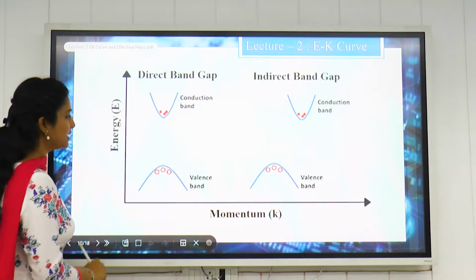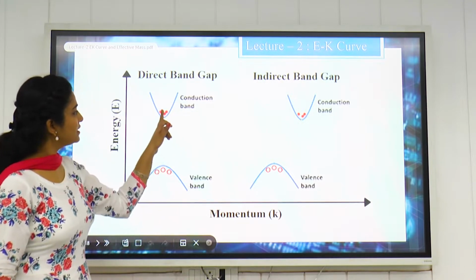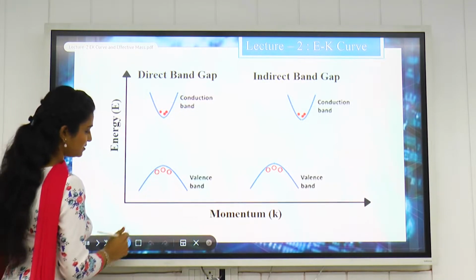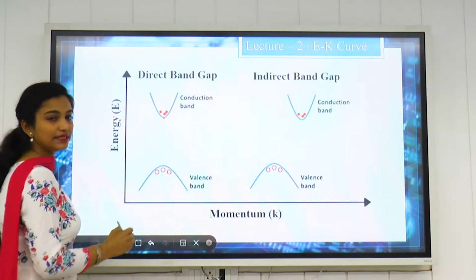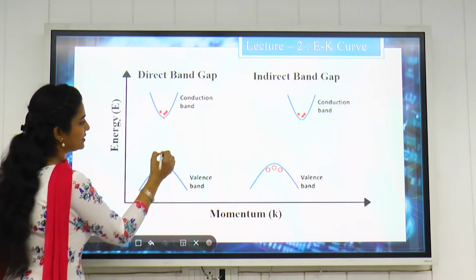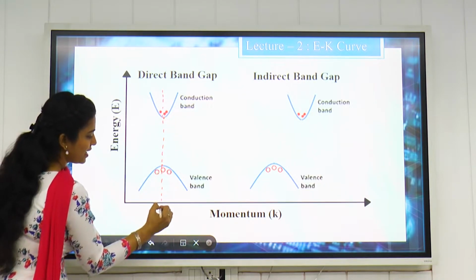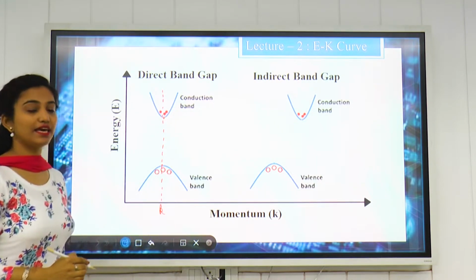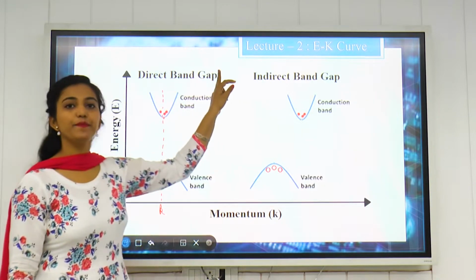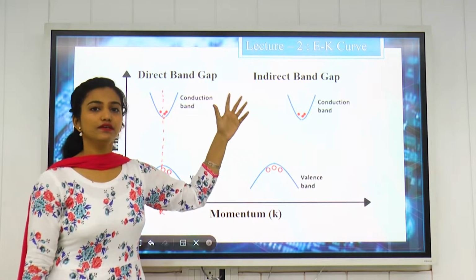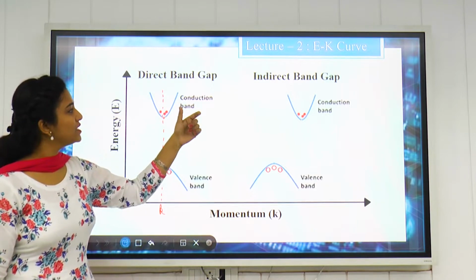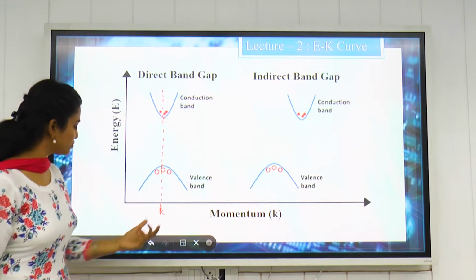The solids in which the bottom of the conduction band and the top of the valence band lie at the same value of k are direct band gap semiconductors.